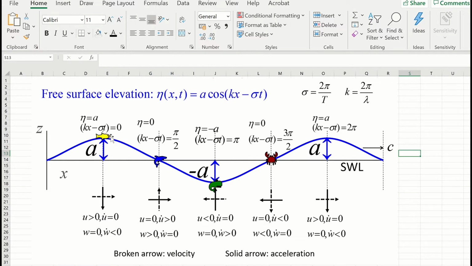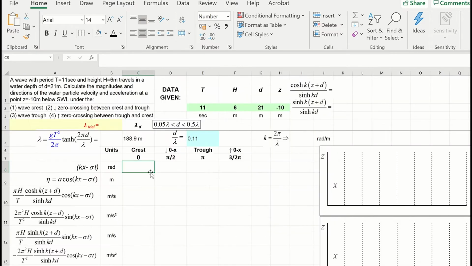And the elevation when we have crest is equal to wave amplitude, and here is wave amplitude negative. Therefore, I will just calculate this and see if indeed I have this wave water surface elevation.